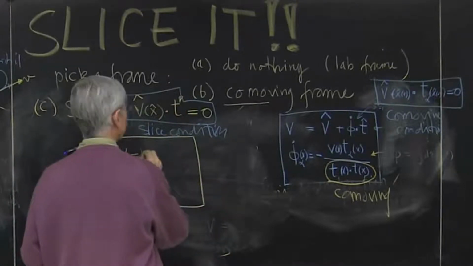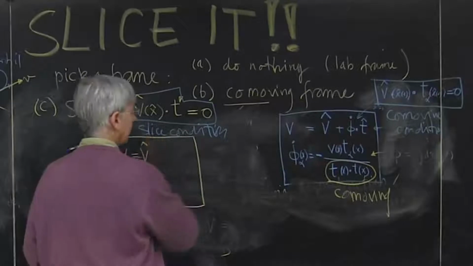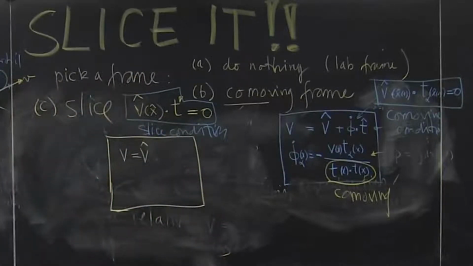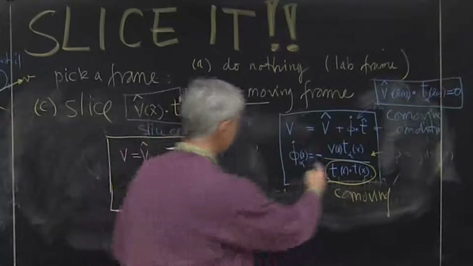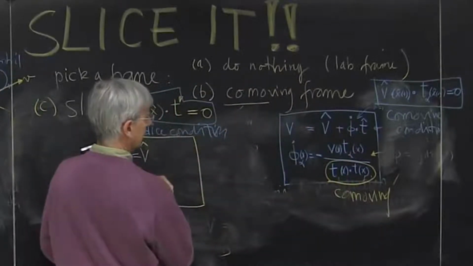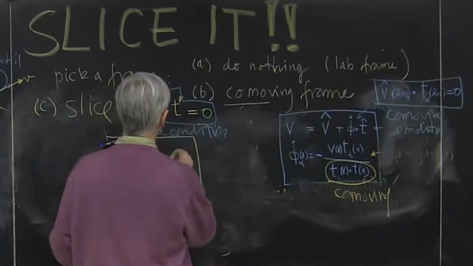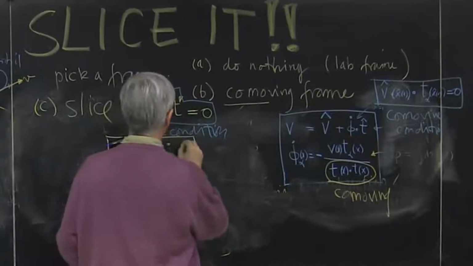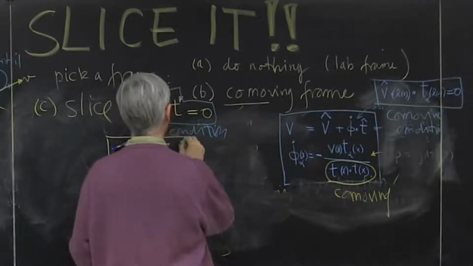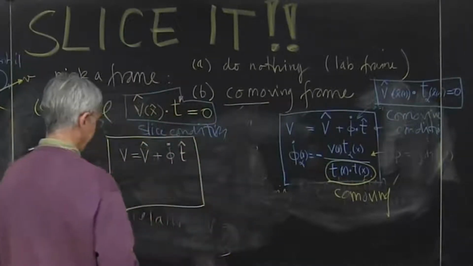So V is the hat thing that's in the slice, the component of the velocity which is inside and not moving transverse to it, but not orthogonal. Here it is always orthogonal. Here it just requires no transverse, plus theta dot, the slice at that point, the tangent at that point.